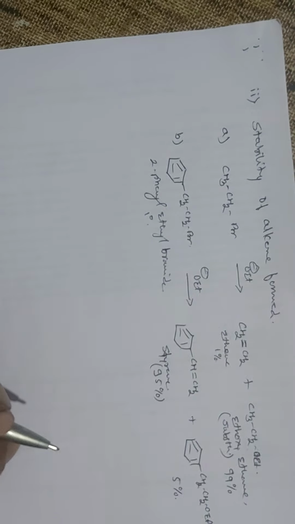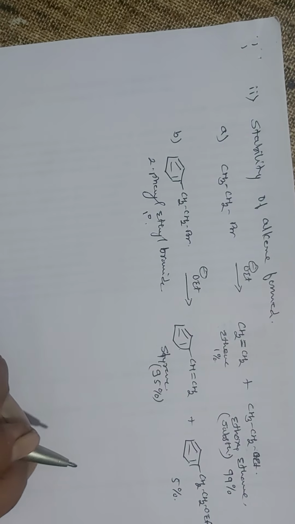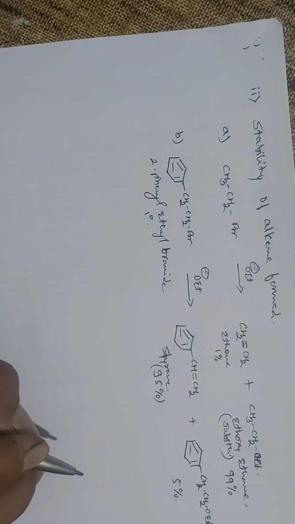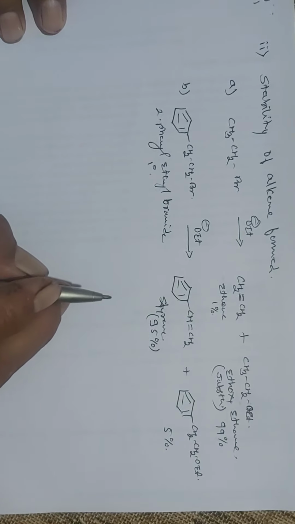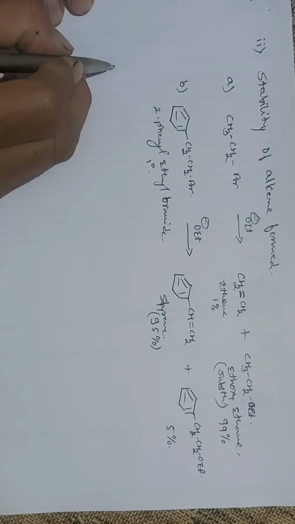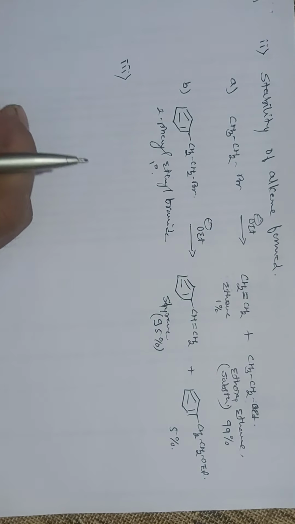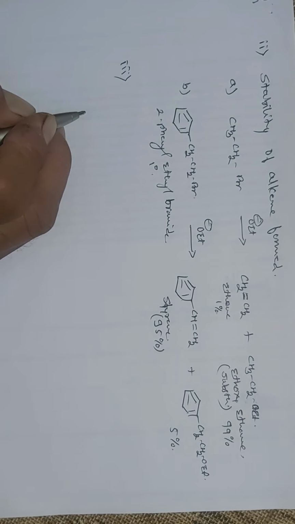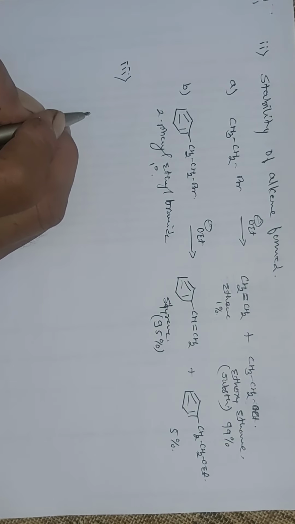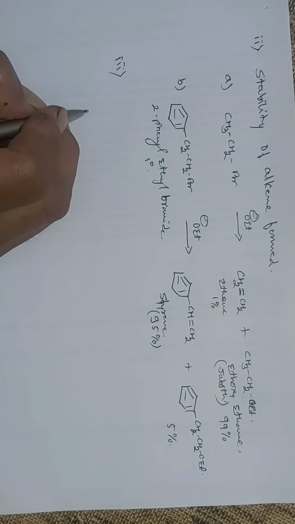This means the structure of the substrate plays an important role in deciding whether the reaction will proceed by an elimination or substitution mechanism. So, we have seen first the structure of the substrate, then second the stability of the alkene formed as a product. If it gives a more stable product, elimination is favored.